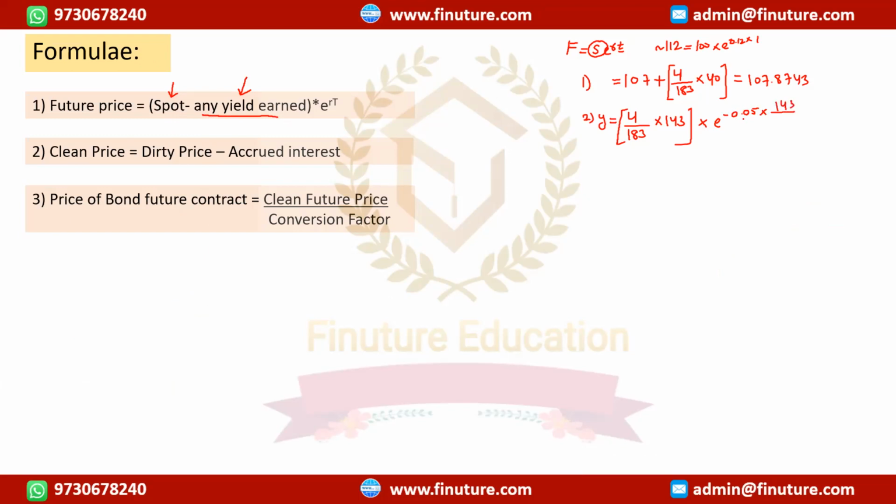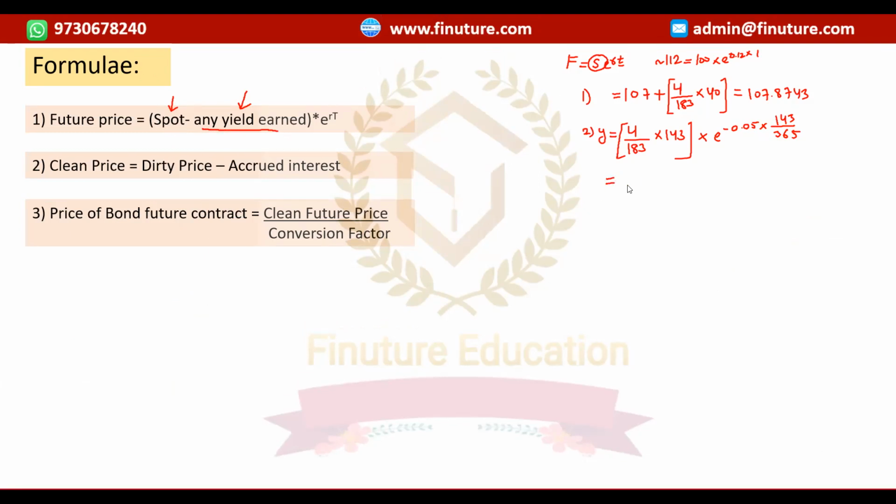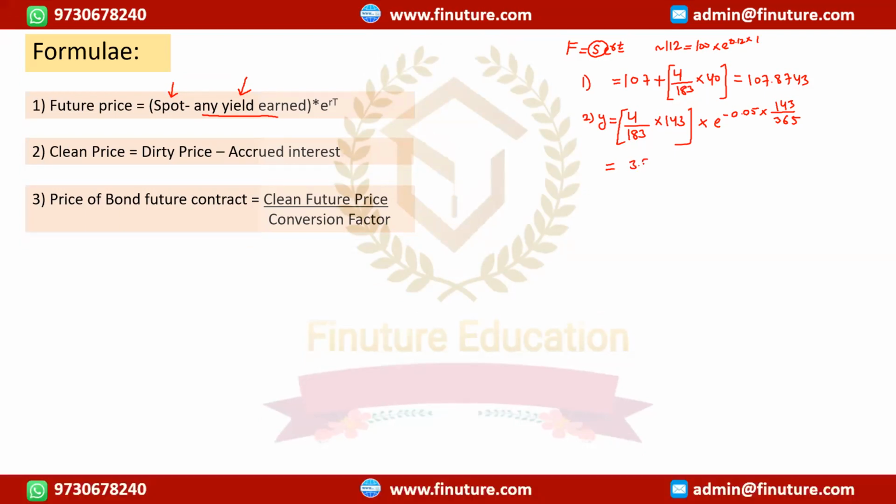So this rate is for 365 days, but I need for 143 days discounting. So 143 divided by 365. So let me just quickly calculate it for you. So it would come around 3.922406. So this is the Y.